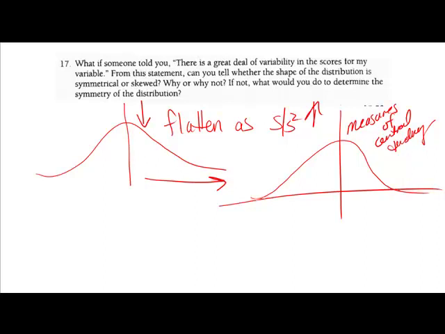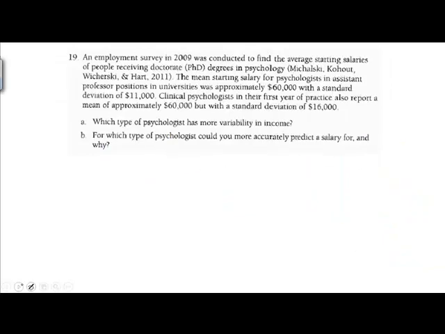And what we really need to know are the mean, the median, and the mode. The mode tells us how many humps. The mean tells us the center, and the median tells us whether or not it's skewed. That's a chapter 3 thing. Okay, hopefully this makes sense.